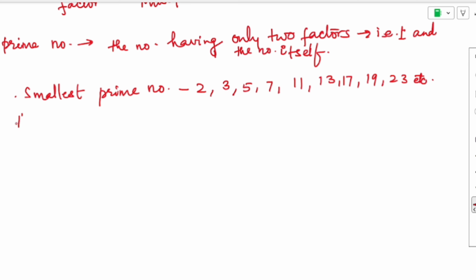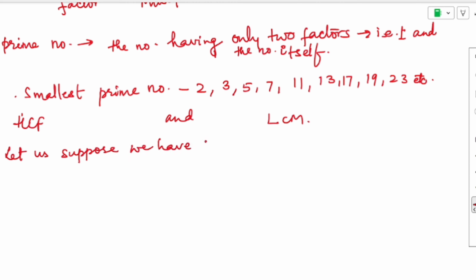Now we calculate HCF and LCM by using prime factorization. Let us suppose we have two numbers, 66 and 420, and we have to calculate the HCF and LCM of 66 and 420.